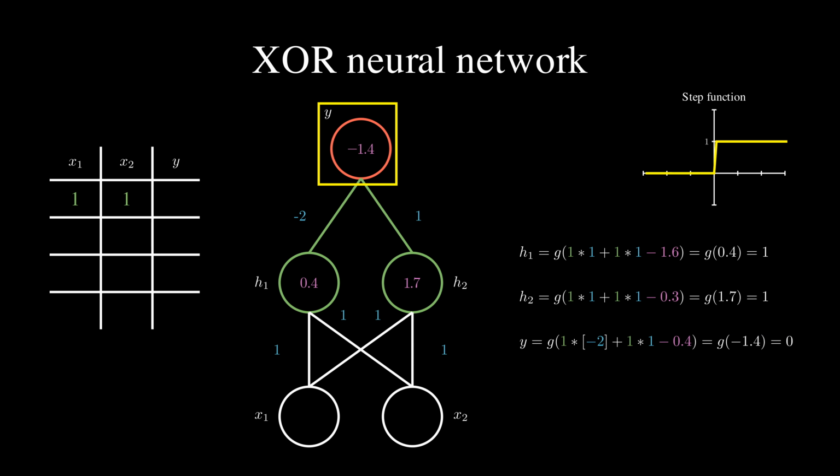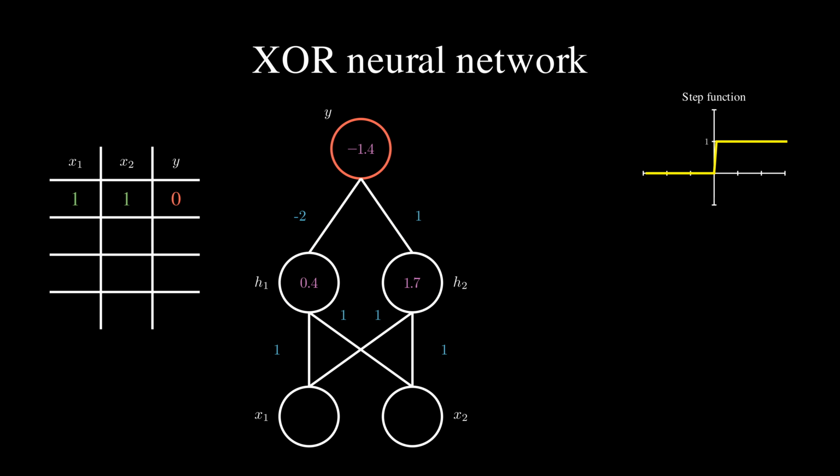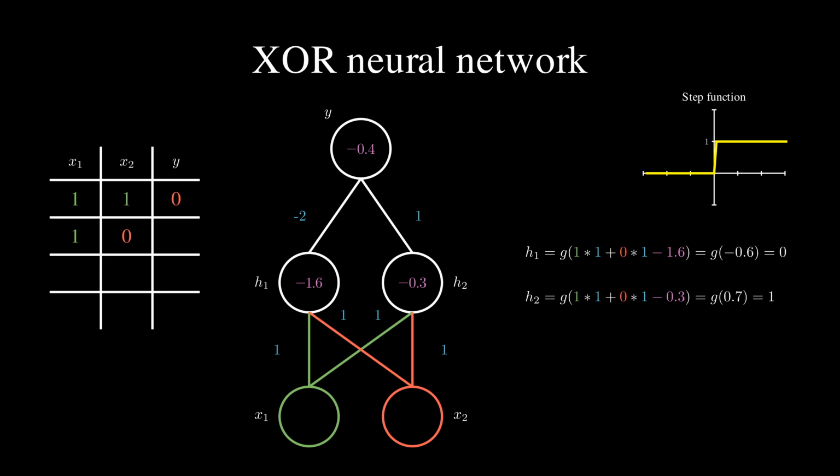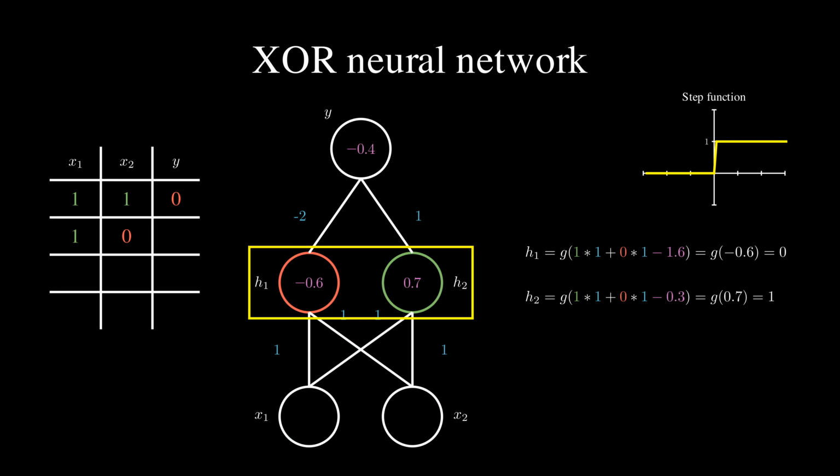The node of the last layer of the network takes a negative value, so we get the value of 0 at the output, which corresponds to the XOR function. In the second and the third iteration, one of the nodes is active. As a result, we get a value of 1 at the output.